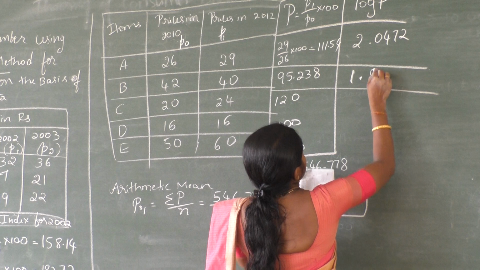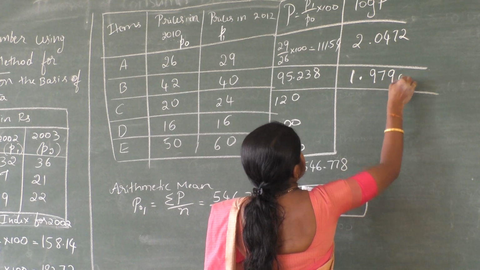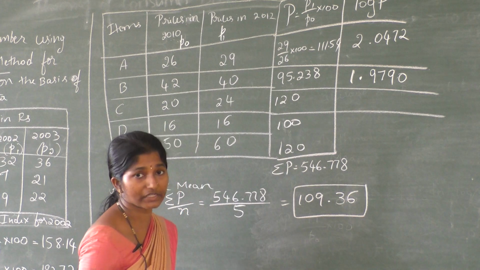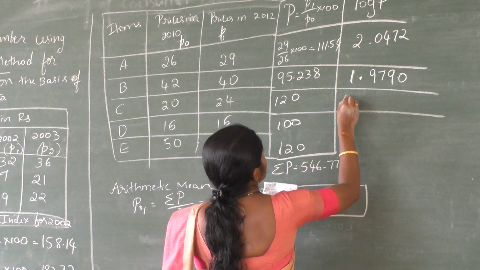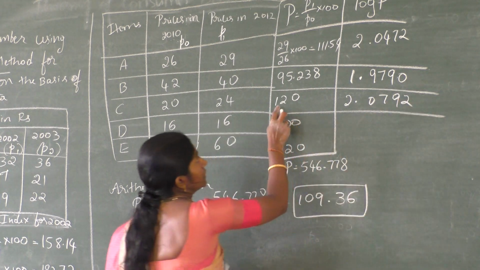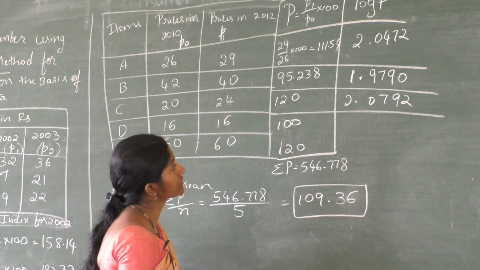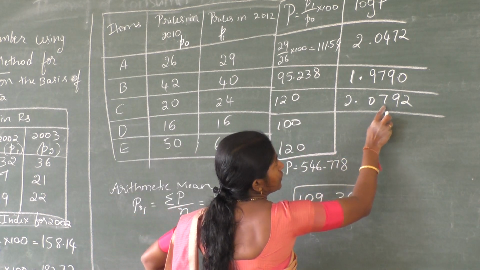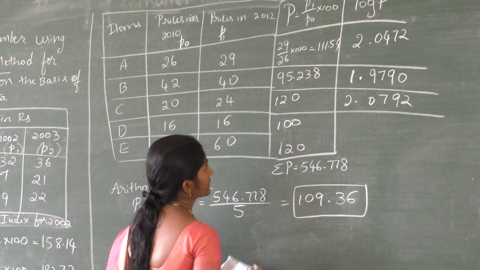That answer is 9790. Again 120 has 3 digits, 3 minus 1, that is 2.0792. For 12, we have to see column 0. Our answer 0792. That is the mantissa part.